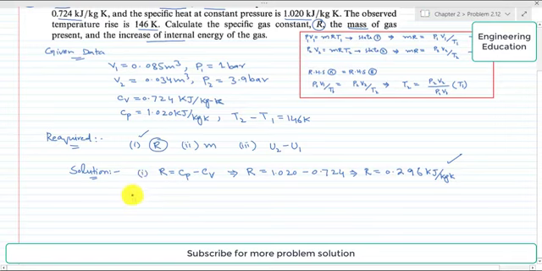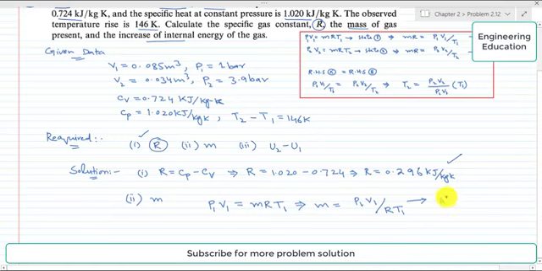Second, we are interested to find the value of m. To find the value of m, we can use the expression P1 V1 is equal to m R T1. When we rearrange it for m, we will get the expression m is equal to P1 V1 over R T1.